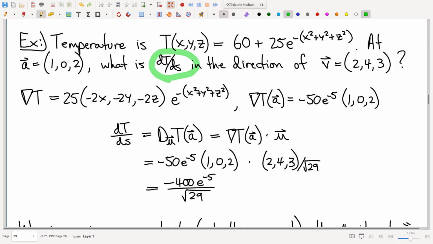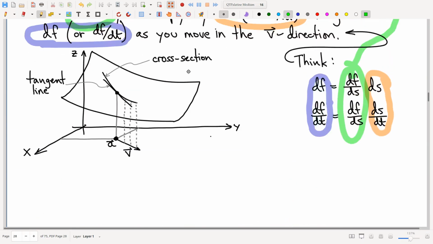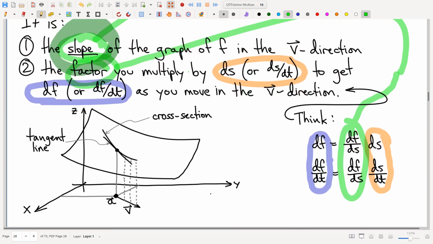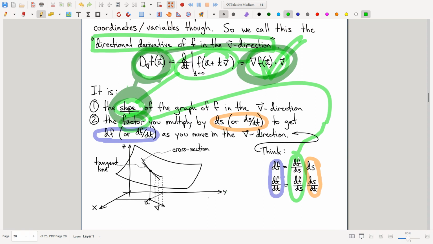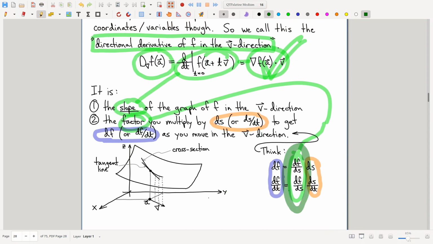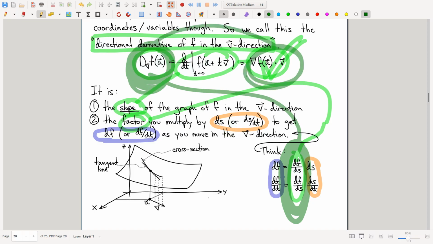All right, and how are we going to compute that? Well, this thing that we're interested in computing, the derivative with respect to distance, is another one of my interpretations of the directional derivative, which again I am going to compute with that handy formula, the dot product with the gradient.